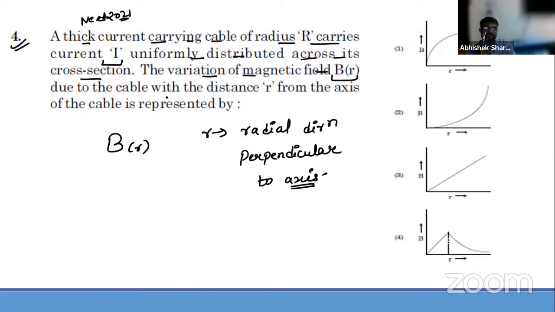Remember always, if you have studied, that's fine. Otherwise, I'm giving you the formula here. The formula gives the magnetic field intensity for distance r between the inner radius and the external radius. Suppose you have a coaxial wire.